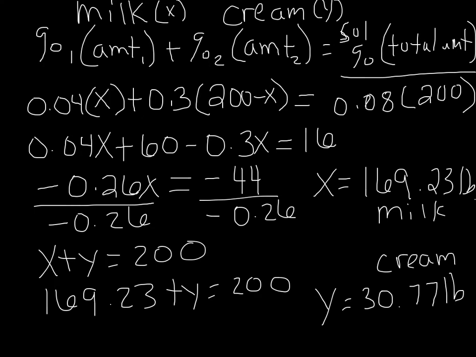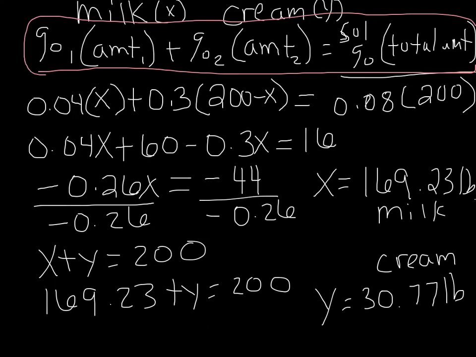So for most of these problems, it's simply following what we had up here initially, where for any kind of mixture problem, you can just use that formula. But they're giving you different pieces, and so it's sometimes hard to figure out what they're asking for.